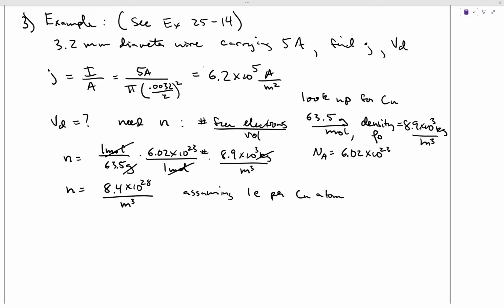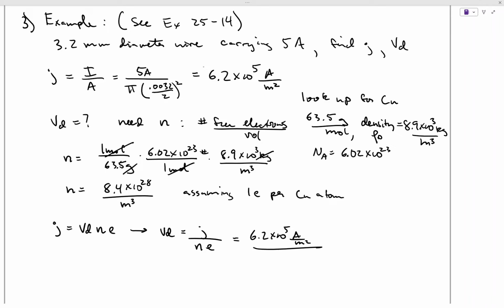So next, let's use this number and put together what we know. We know that, like we defined up above, the current density is the drift velocity times n times the charge of the electron. So that would mean then that the drift velocity itself is just going to be the current density over n times the charge of the electron. And I'm just using the magnitude of the charge of the electron. And so if we put those ingredients together, we just computed the current density.